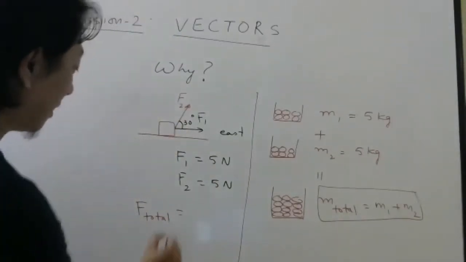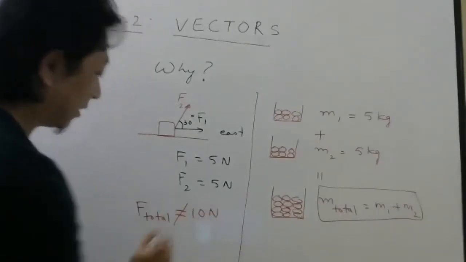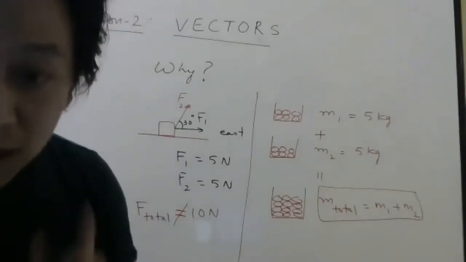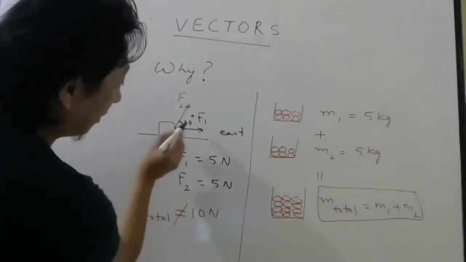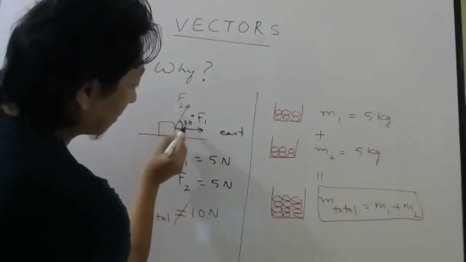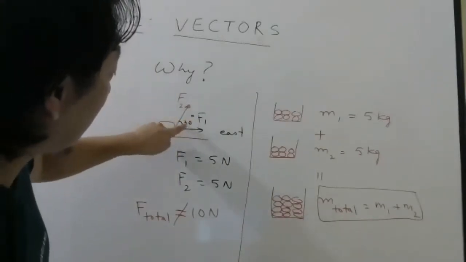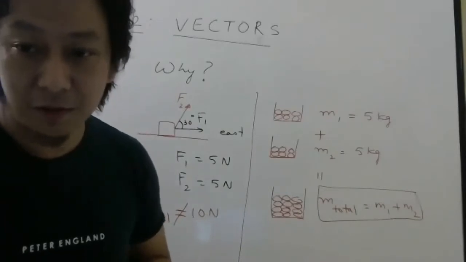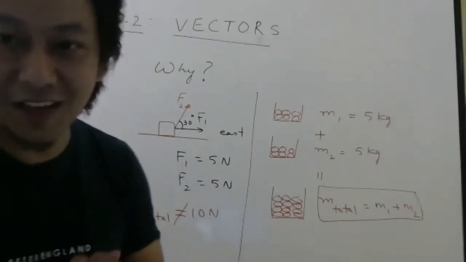It is not equal to 10 Newton. Why is it not equal to 10 Newton? Because the total force will depend on this angle. If this angle varies, the total force will also vary. No, here they will not cancel each other, Jivita. In this example, they will not cancel.